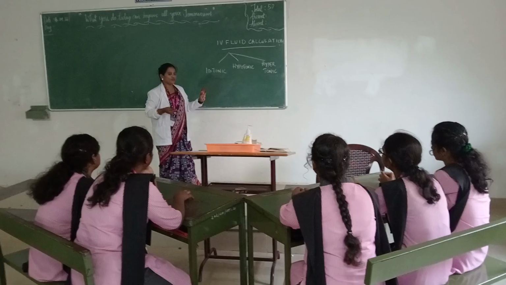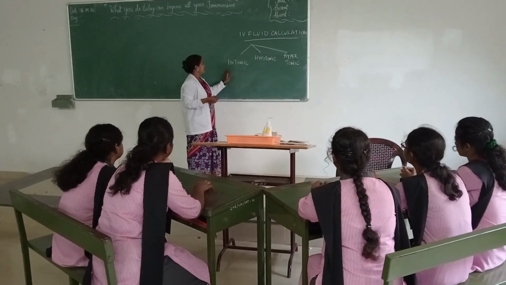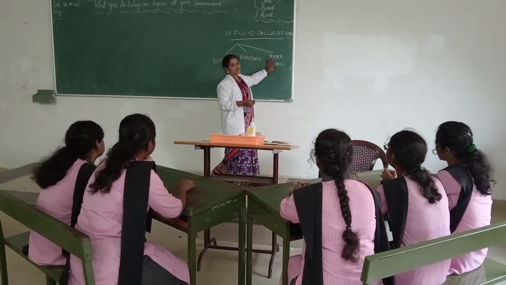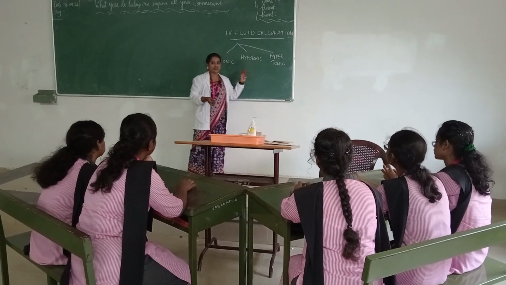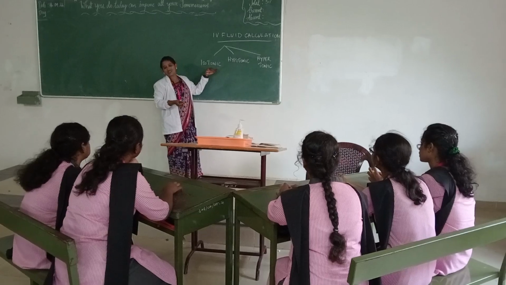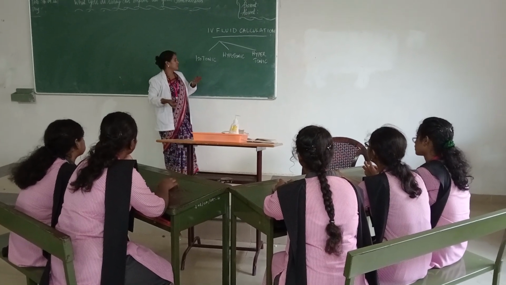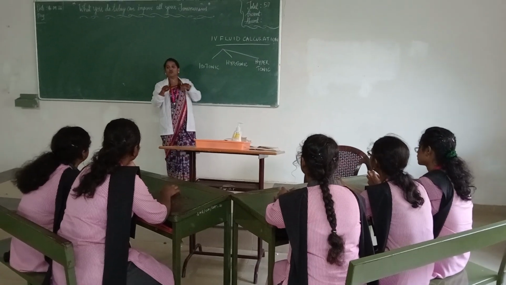They have classified them into three major classifications: isotonic, hypotonic, hypertonic. Don't get confused with what all these tonics are. Tonic is nothing but the density, or we call it the thickness of the fluid. So iso means a neutral fluid.